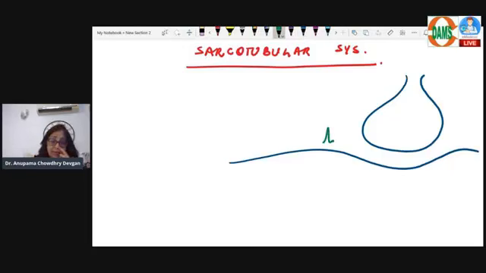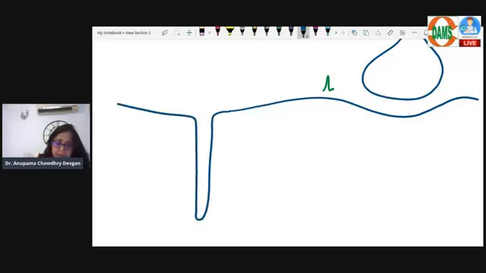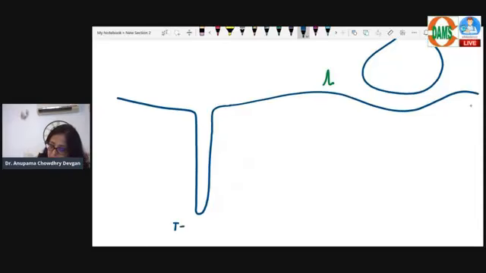Now this sarcolemma dips into the muscle fiber; the sarcolemma itself invaginates to form what is known as the T-tubule.